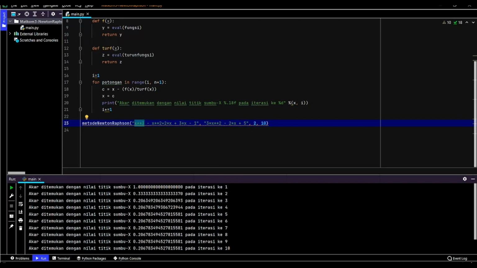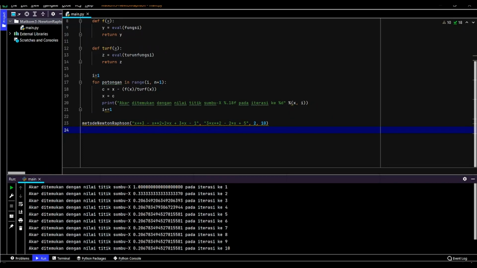Then 8, plus 3 times x is 6, minus 1 is 5, plus 8 is 13. So in the first function the value is 13.